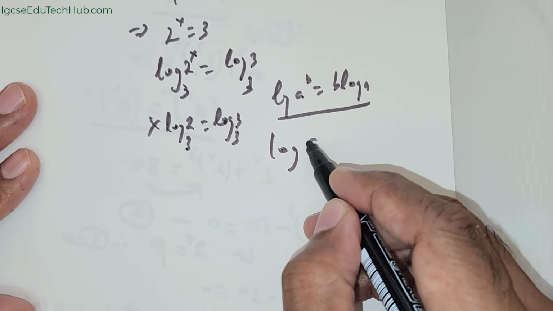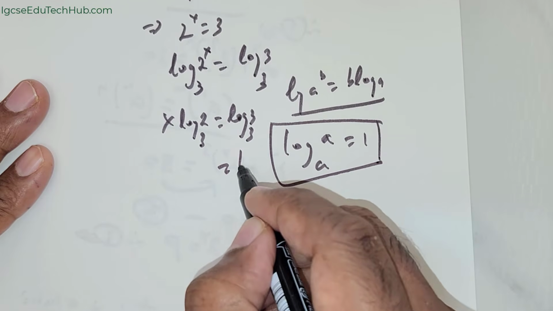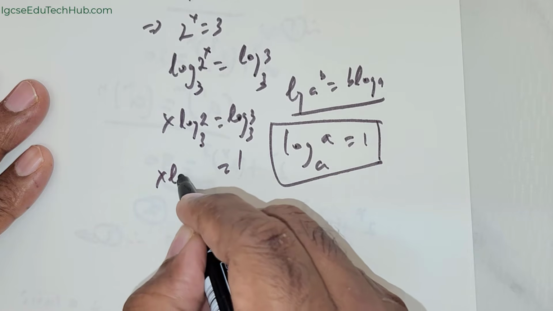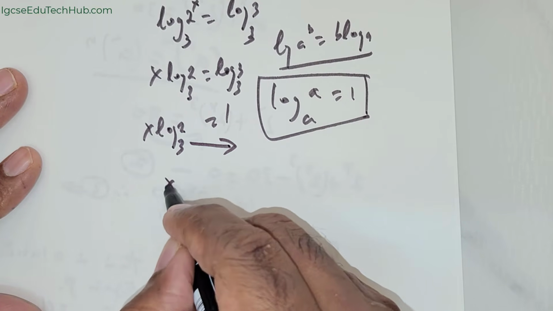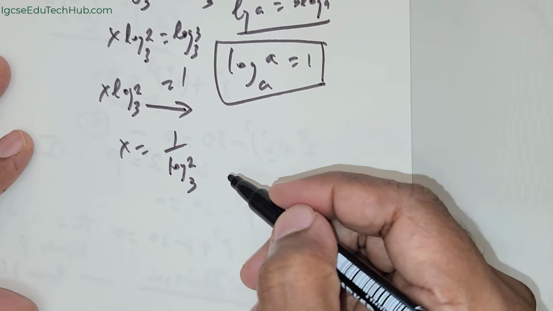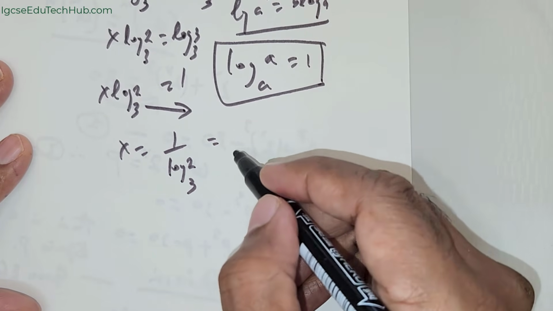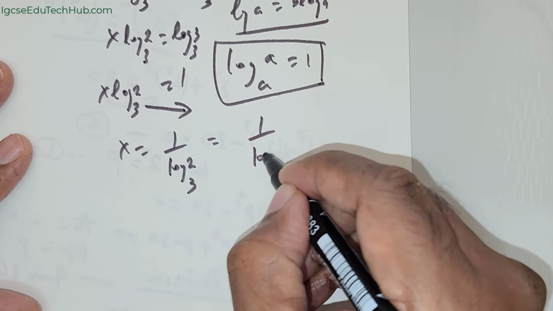There is also another formula which states that log a to the base a is equal to 1. So by this formula, this is going to be equal to 1, and this is x times log 2 to the base 3. Now bring this down, you get x is equal to 1 over log 2 to the base 3. Now I want to rewrite this using a new base, base 10.